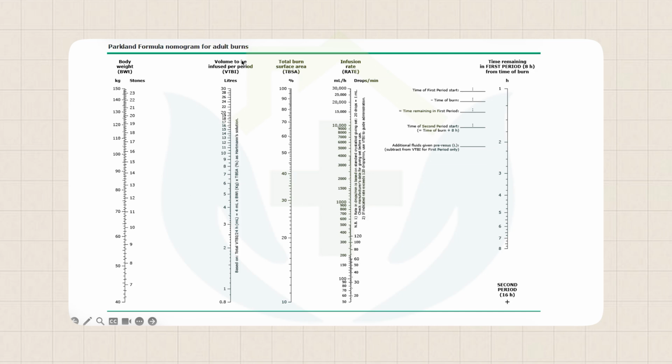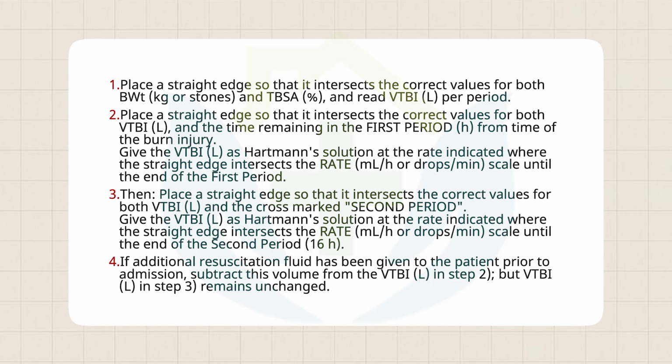What you get is the volume to be infused here and the time to be infused here, along with the time period remaining. So you will get every bit of information from this chart. And one thing to remember, the time we are mentioning is the time from the inciting event, the time from the burn, not the time of hospital admission or first consultation.